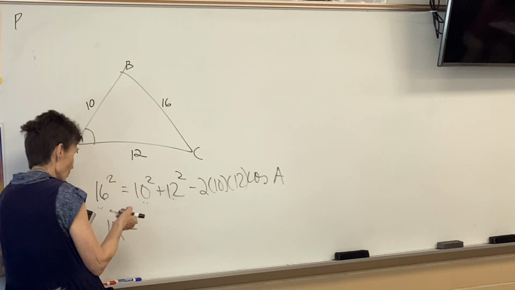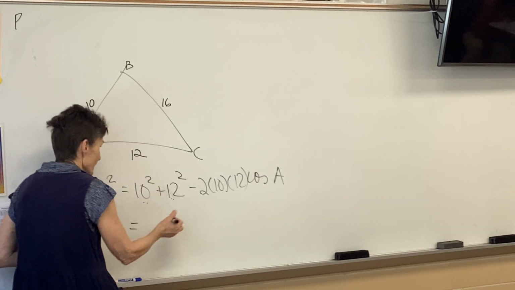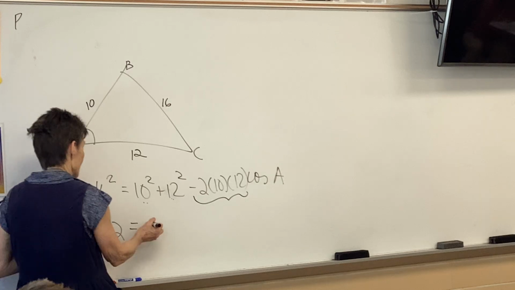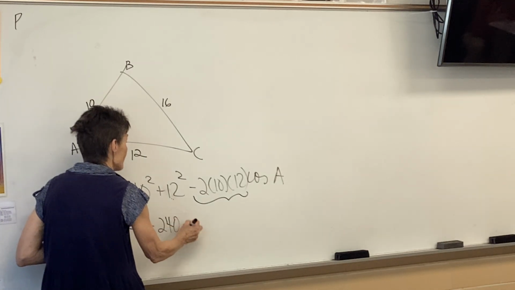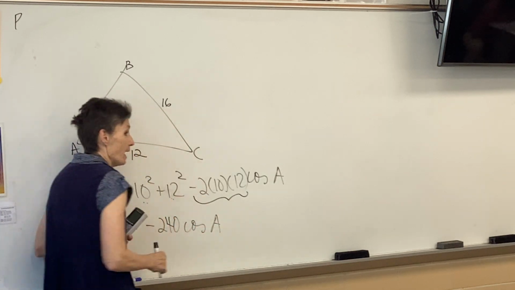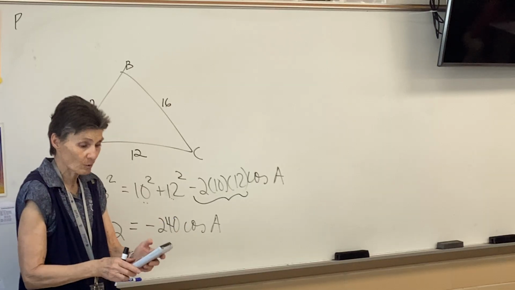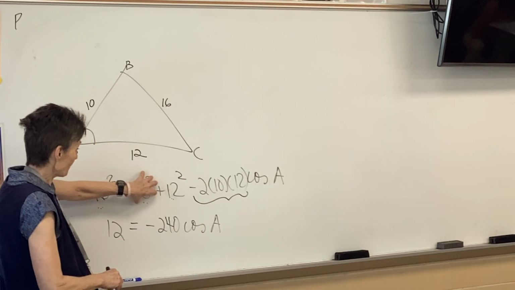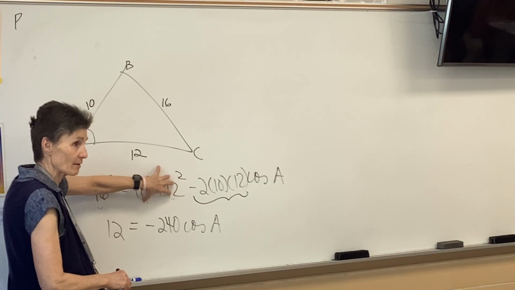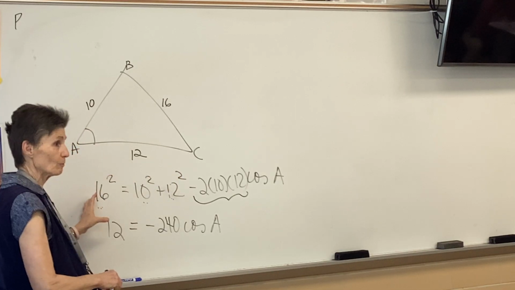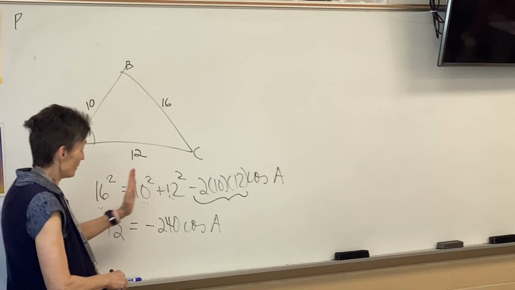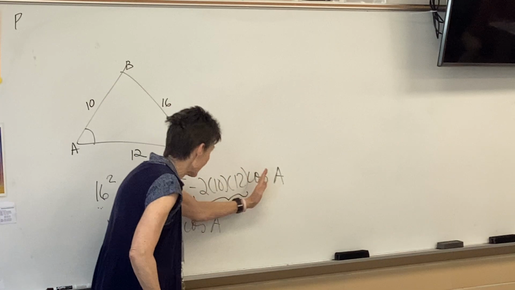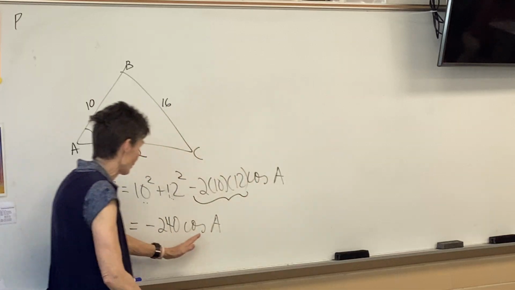That all worked out to be 12. Equals, can these be multiplied together? Negative 240 cosine A. I do not want you to get lost in the arithmetic here. This number and this number can be added together and subtracted over here. These cannot be, because they're hooked to a cosine. They can be multiplied, but they stay with their cosine.